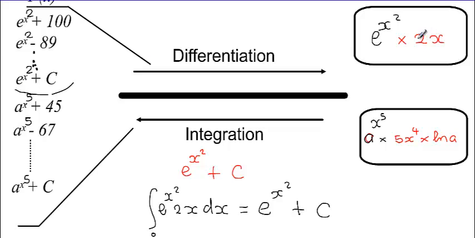We can look at differentiation as an operator or a process. It acts on functions and gives us that. Let's say this is D, the process of differentiation. Now, integration is the second process, the inverse process. It will reverse what D did.